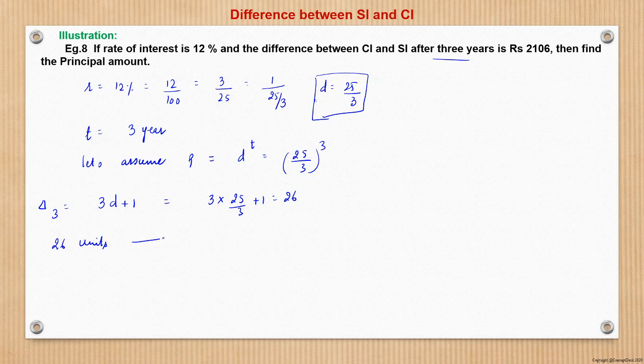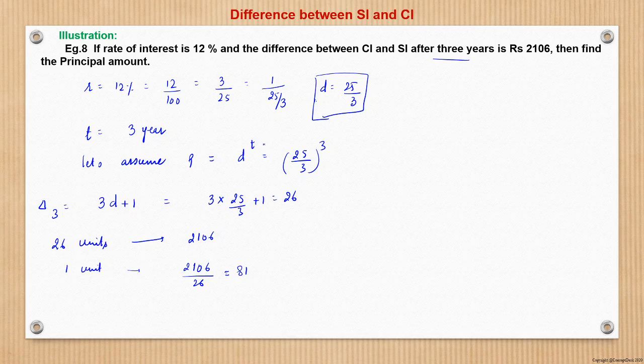Difference has been given as 2106. So 1 unit will represent 2106 upon 26, which is 81 units. So this gives 81 rupees basically. So I have to find the principal amount.